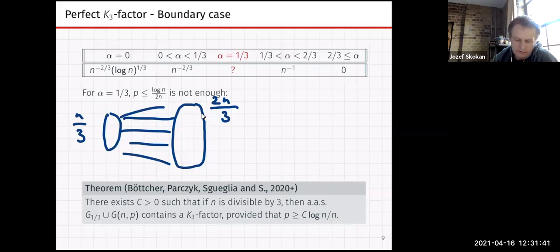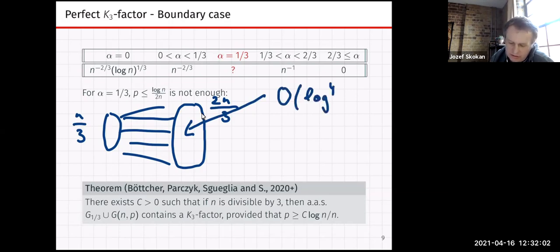So if you throw in G(n,p) with p at most log n over 2n, then you can estimate the number of triangles over here: it is something like log to the 4 times n asymptotically almost surely.